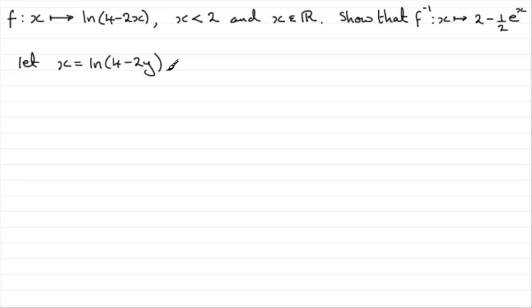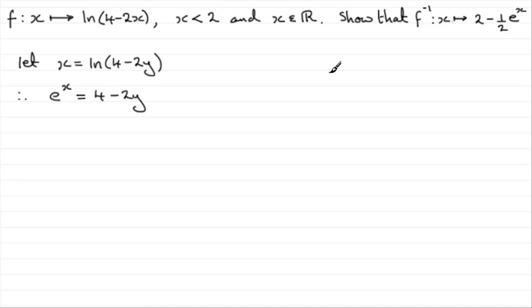Now what we need to do is rearrange this and make y the subject. So if we anti-log this, get rid of the natural log, then what we have is that therefore e to the power x equals 4 minus 2y.